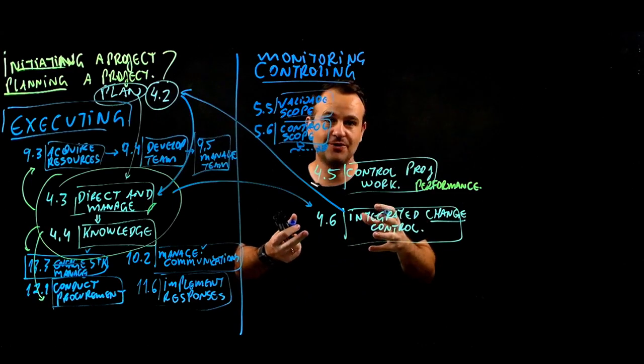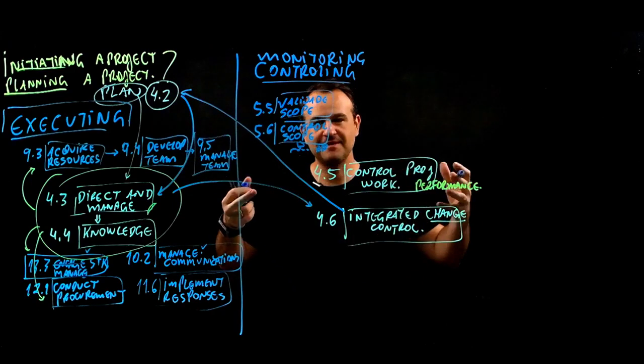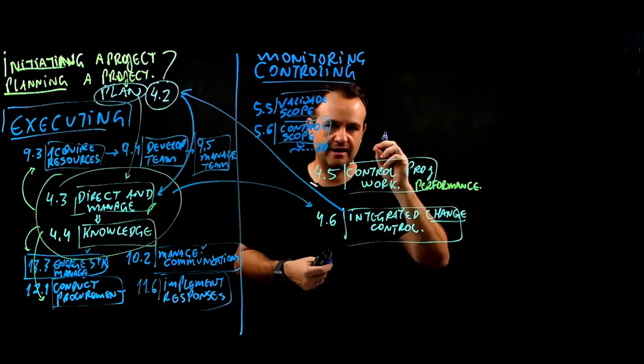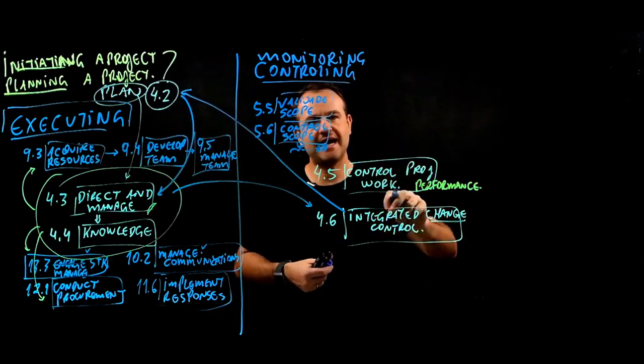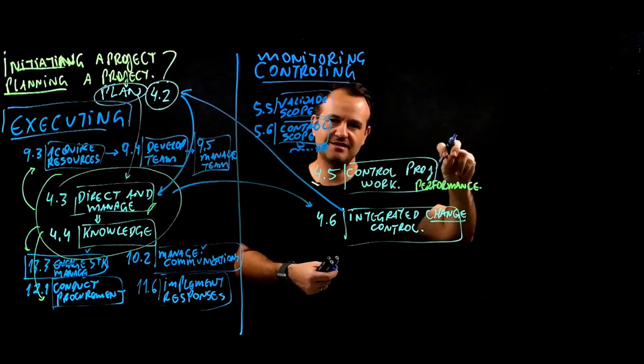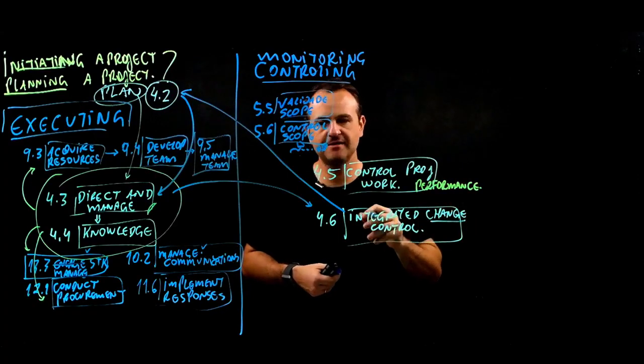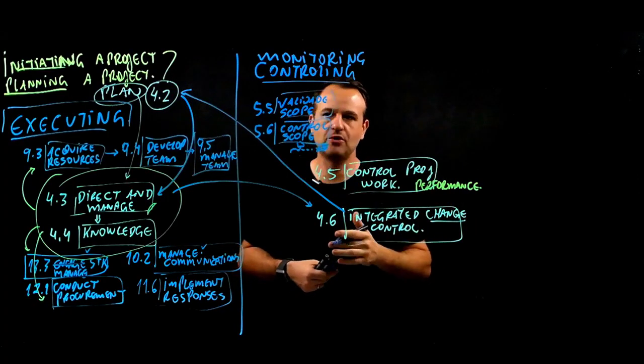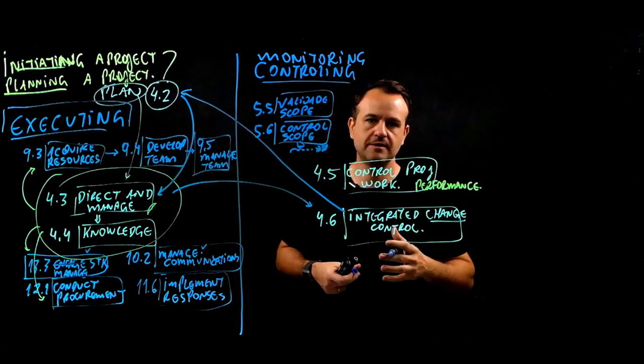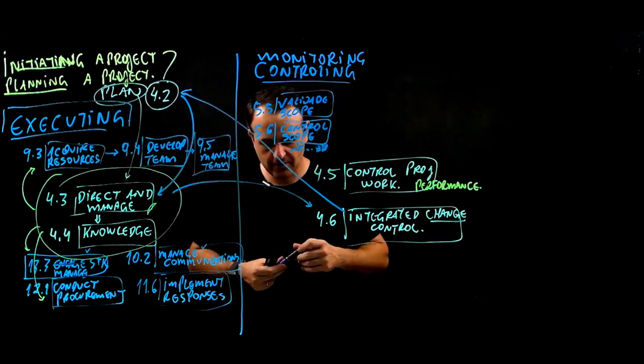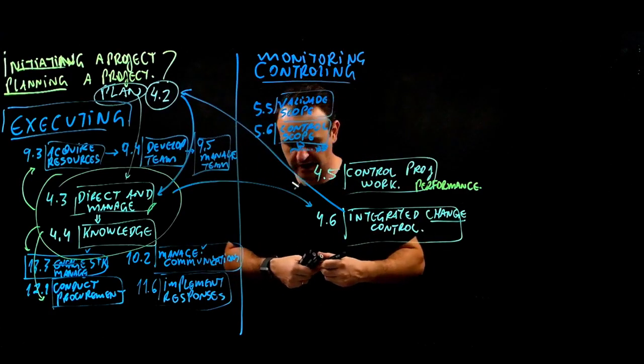Then scope control, you have scope creep. So scope control is, am I completing exactly what I suggested or what I have in my plan? Yes or no? This is scope control. And validate scope is acceptance. We also have control schedule.